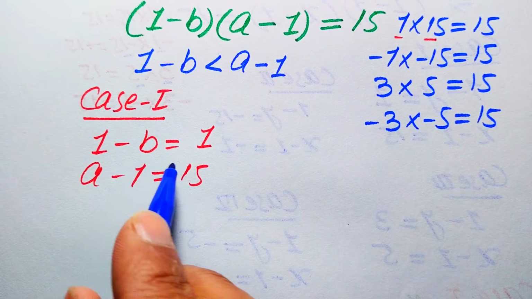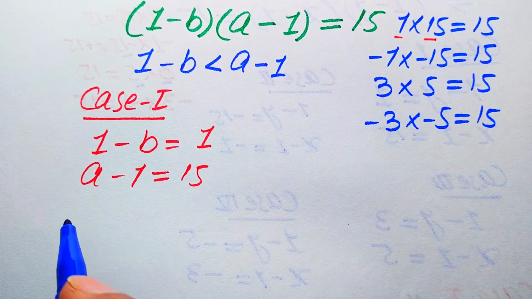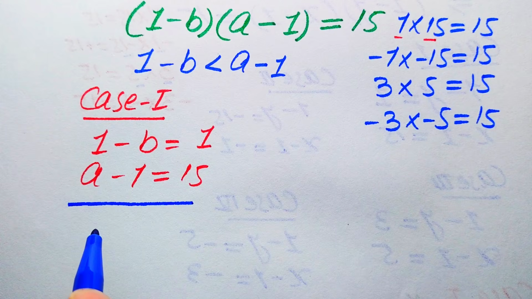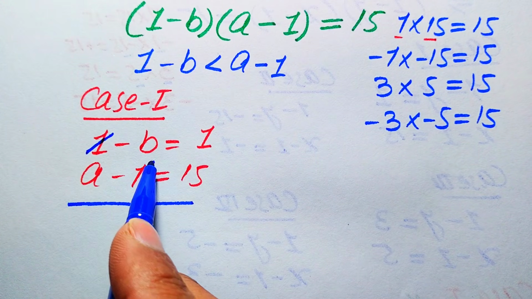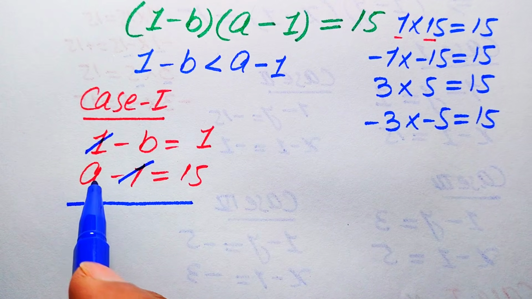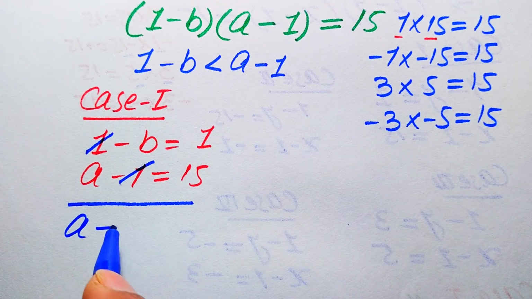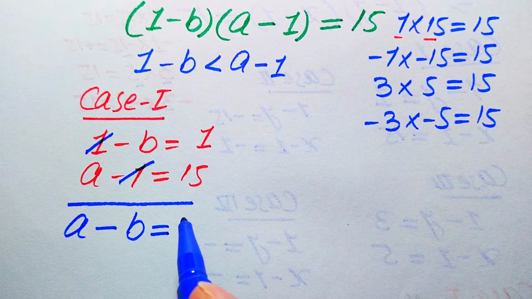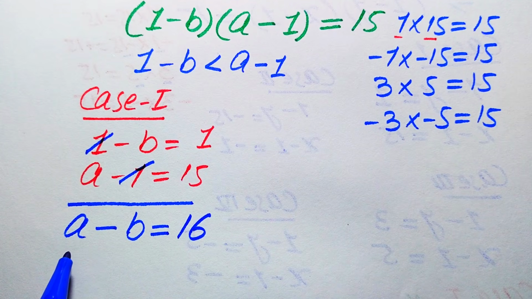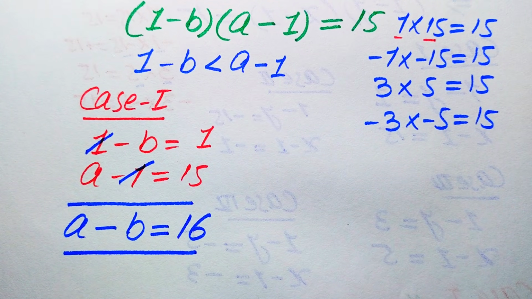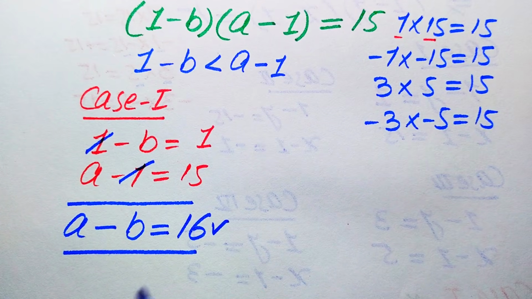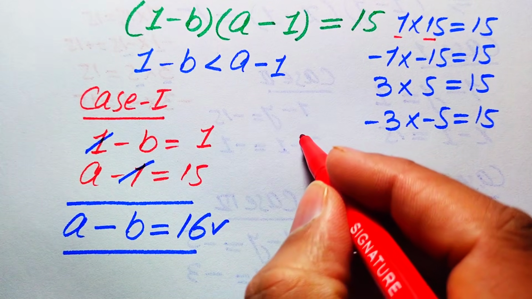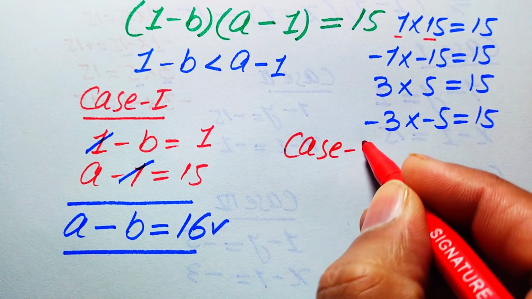Now we sum up both of these two equations. When we add both, you see this positive 1 and this negative 1 cancel each other, and here we get a minus b is equal to 1 plus 15, which becomes 16. So this is the first value of a minus b, which we get from the first case. And here we write our second case.